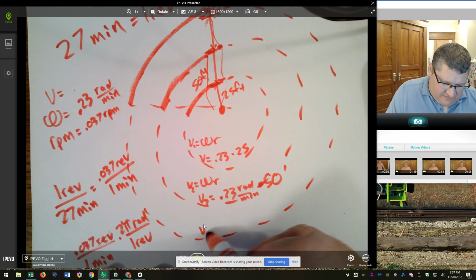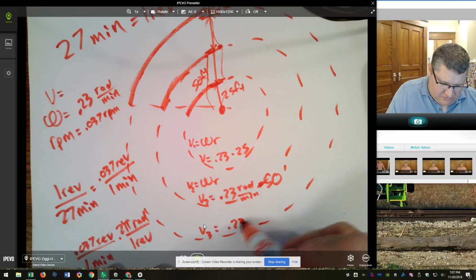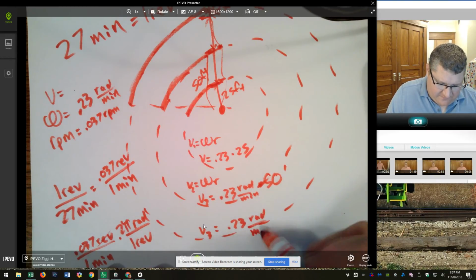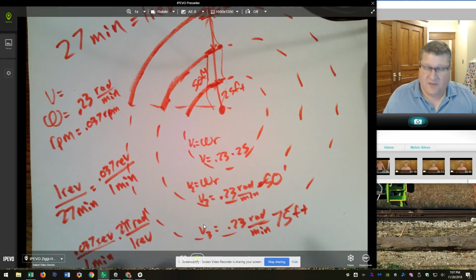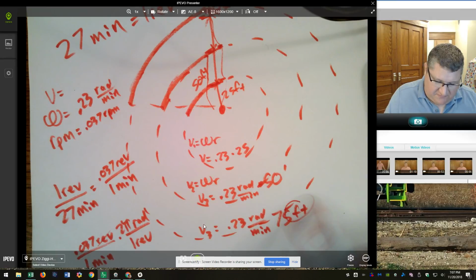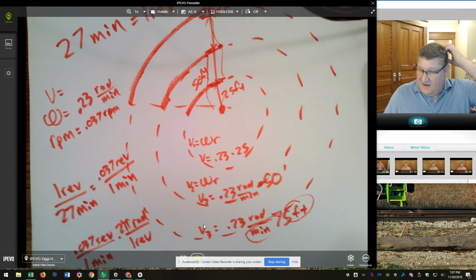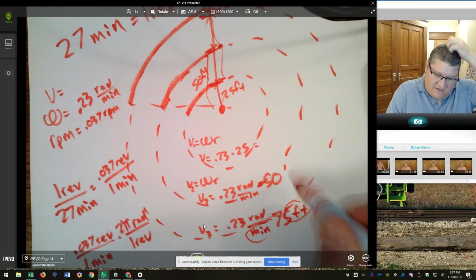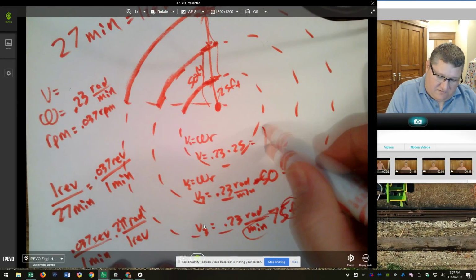And finally, V3 is simply going to be 0.23 radians per minute times 75 feet. Now, this is important because you're going to end up with feet on top, minutes on the bottom. And so from there, I simply plug those in, and those are my 3 numbers right there.